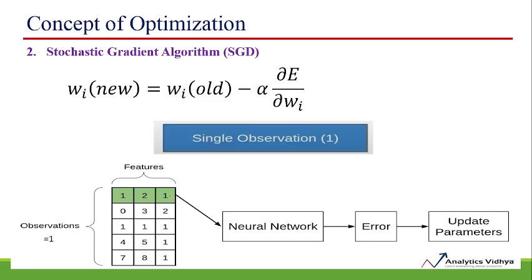In this, what happens, you are calculating the error for each observation. So for each observation, if you are calculating it, it will take less time, but in this case there are a lot of variations in the calculated error.